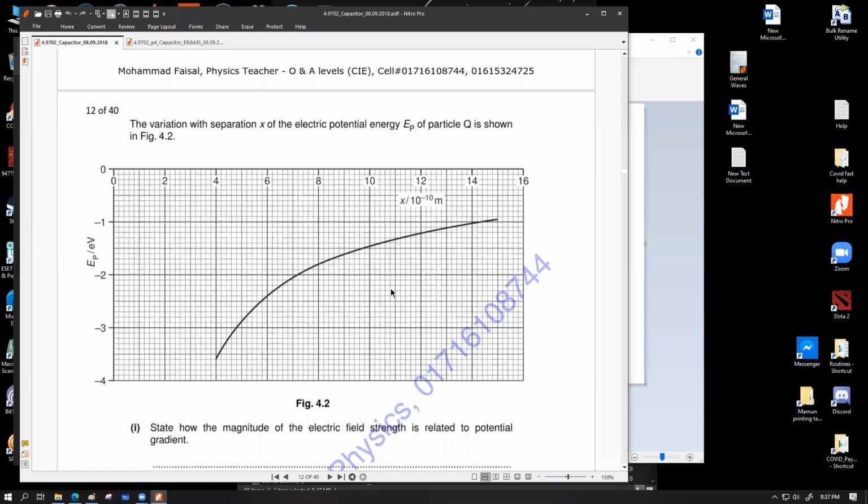It's becoming less negative. The energy stored within the system was something negative to start with. As you are separating them out, the system's energy changes from a more negative number to a less negative number.